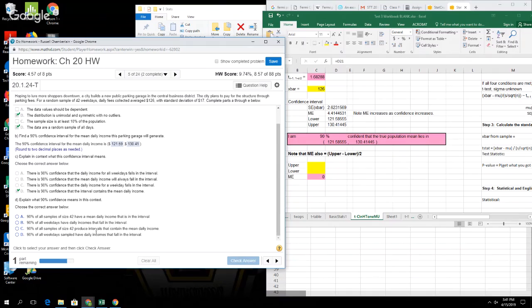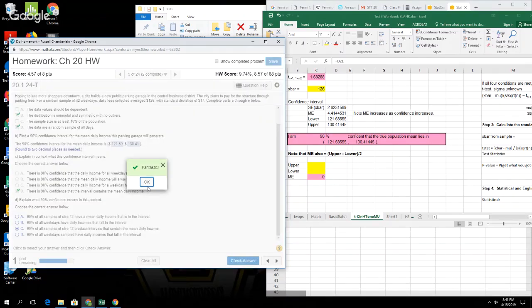Weekdays have daily incomes that fall in that interval. All sample size 42 produce intervals that contain the mean daily income. 90% of all weekdays sample. Okay. Yep. Okay. So there you go, guys.